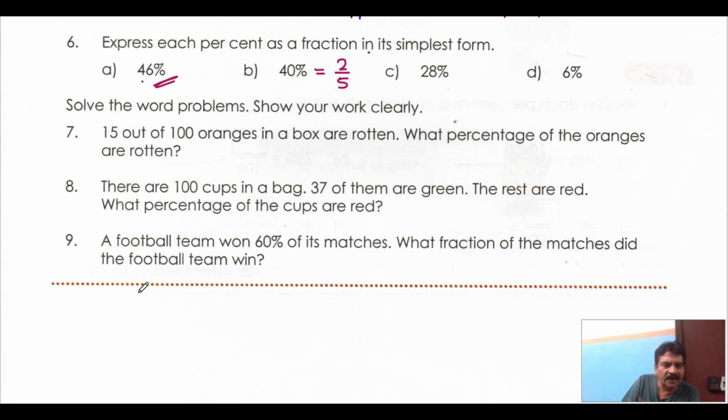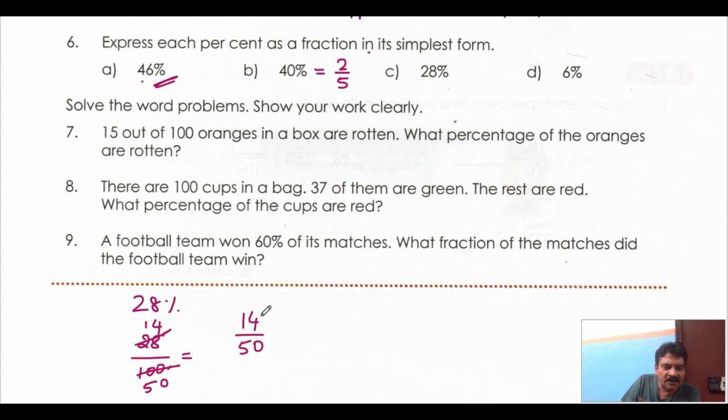Next question, that is 28%. 28% means 28 out of 100. Now 28 out of 100, see here in the ones place you have 8 here, here it is 0, so you can divide it with 2. 2 1s are 2, 2 4s are 8, 2 5s are 10, and this 0 is as it is. It becomes how much? 14 by 50. Still you can go for it.